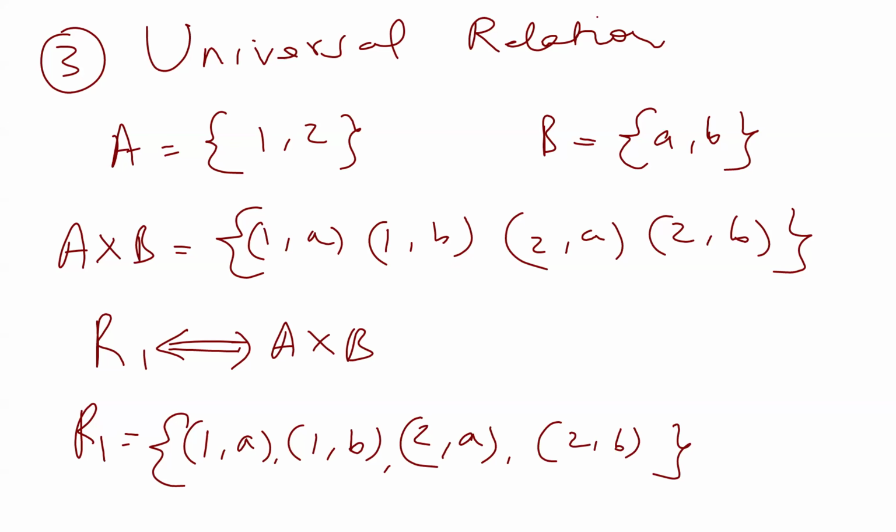So in this particular case, the universal relation is a relation which is not a subset, but it is entirely the Cartesian product. Okay. Even if one ordered pair is missing, it's not a universal relation then. I hope you have understood this. Yes or no?